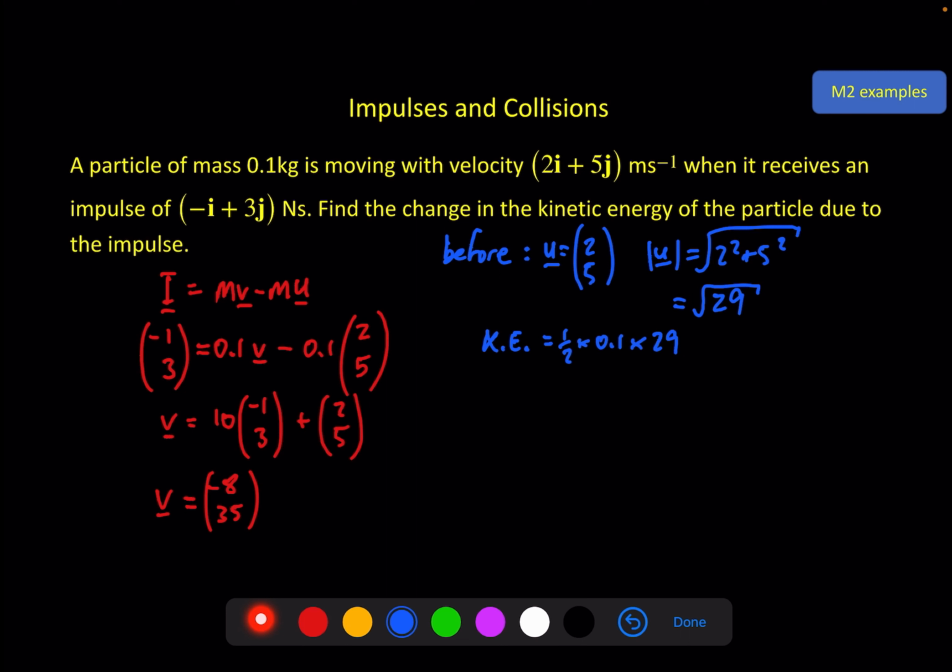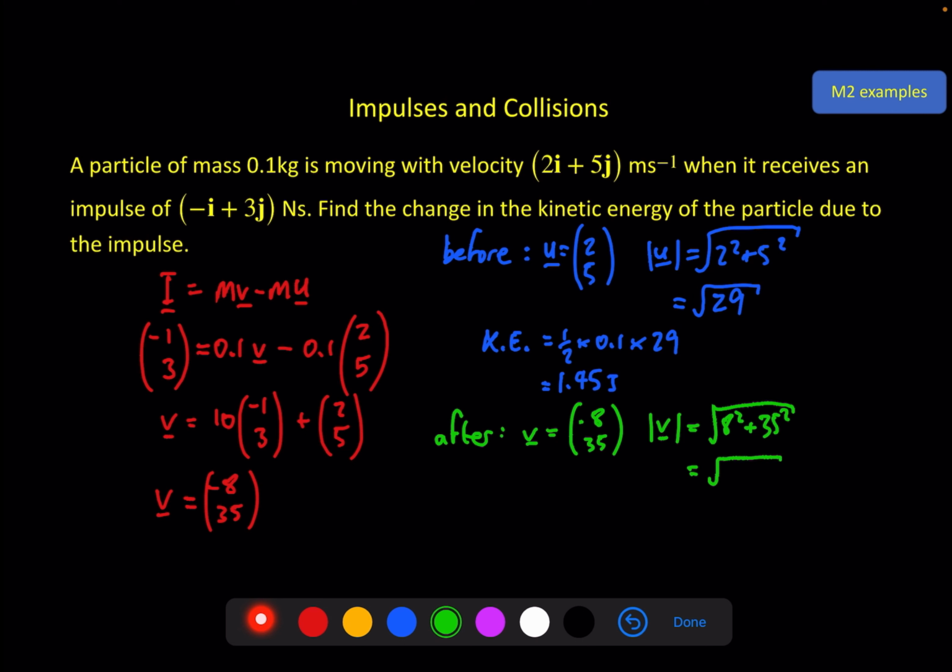After the impulse, the velocity is minus 8, 35. The speed is the magnitude of that, square root of minus 8 squared plus 35 squared, which is the square root of 1289.